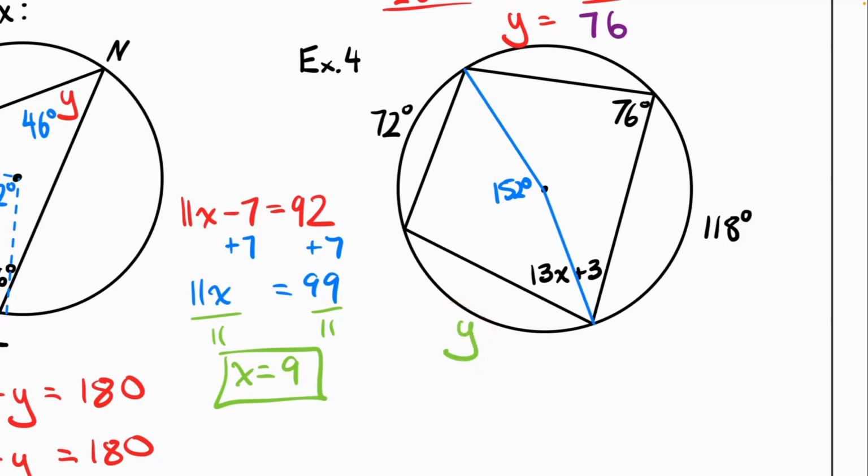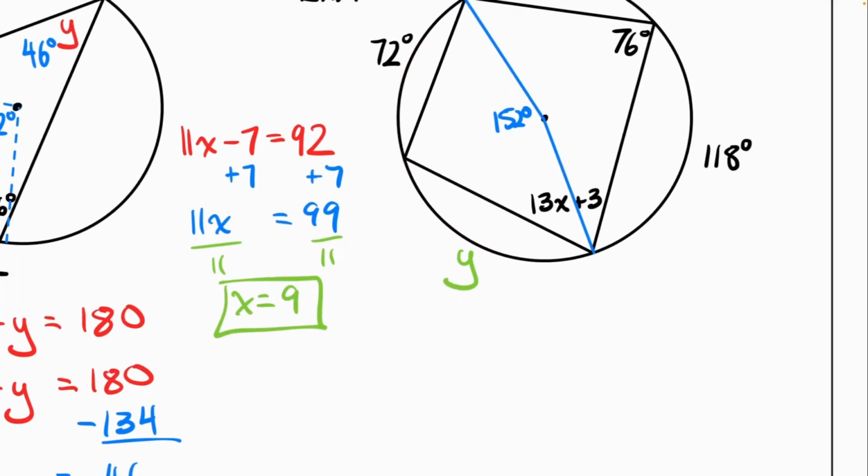Let's call it y. How do I figure out what y is? Someone other than Felipe. You want to try, Zane? Felipe just told us that this entire thing adds up to 152. I have these two things. Exactly.